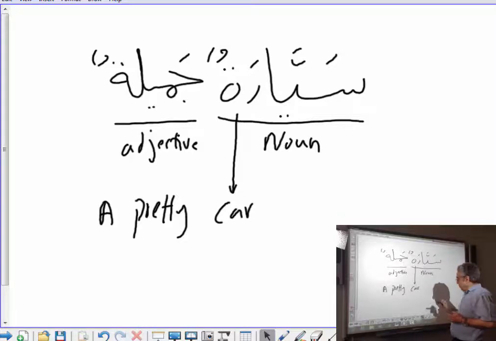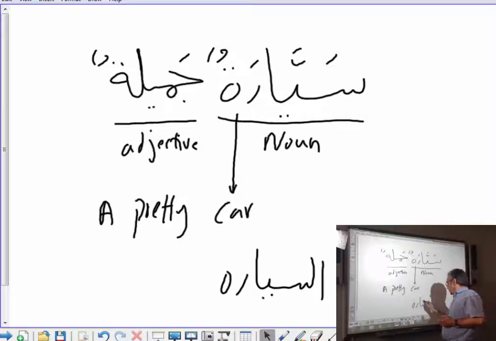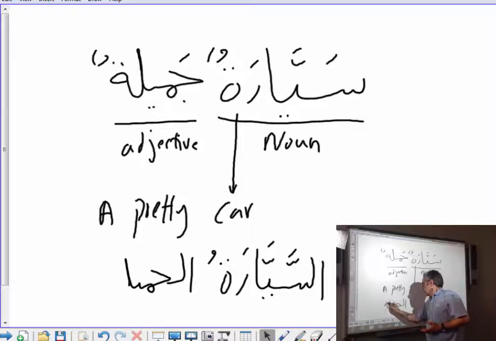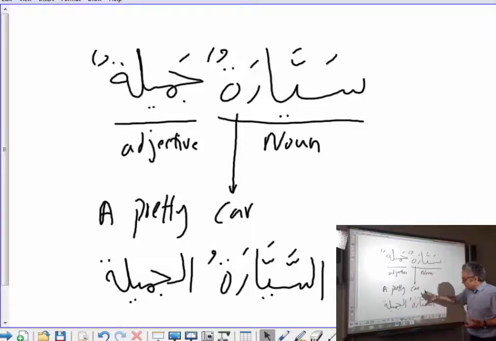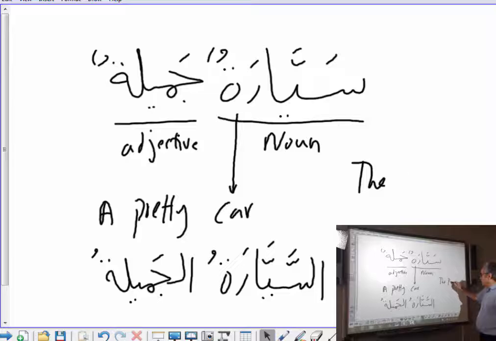If I want to put it as definite, I say السيارة الجميلة. You can see السيارة is the noun, then followed by the adjective. In English, we put the adjective first, and if I say the pretty car, I don't say the pretty the car.